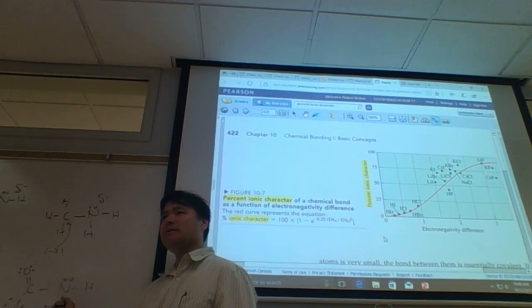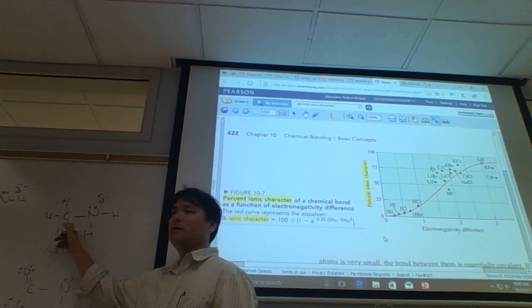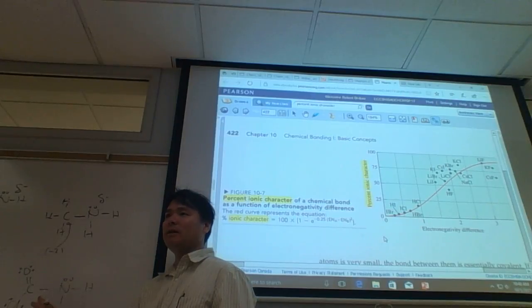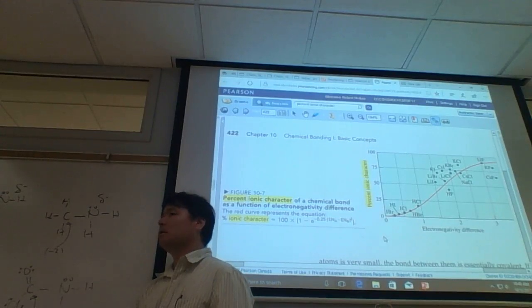And so delta EN is the same, and so the percent ionic character, the percent polarity, is the same. No, it's not the same, because this carbon is very different than this carbon. This carbon would be an electron sucker or electron withdrawer because of the oxidation state on that carbon.